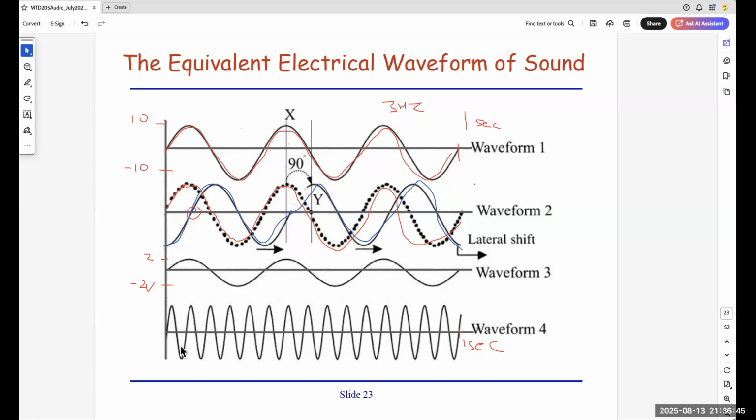But this one here, I don't know how many: 1, 2, 3, 4, 5, 6, 7, 8, 9, 10, 11, 12, 13, 14, 15. So this is 15 hertz because within 1 second, there are 15 cycles. Therefore, this one runs faster than the first one.